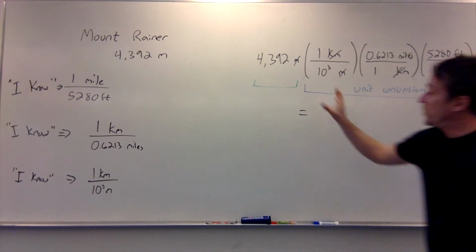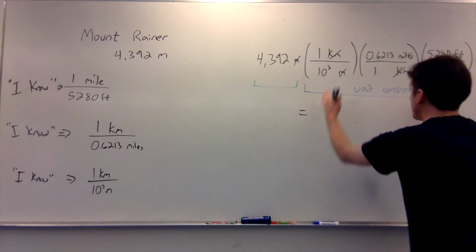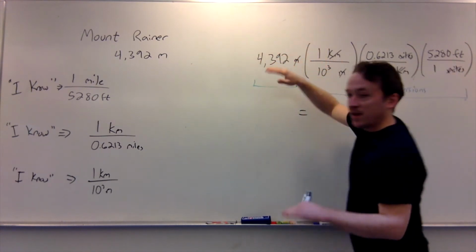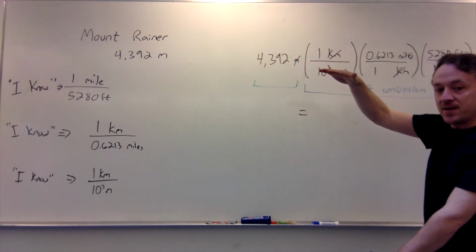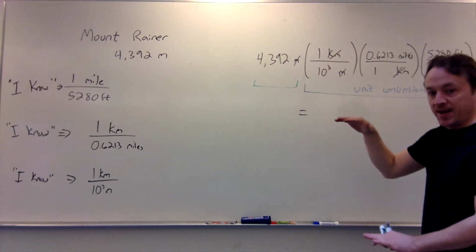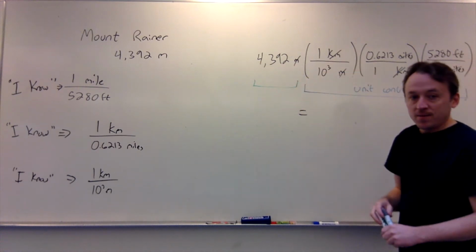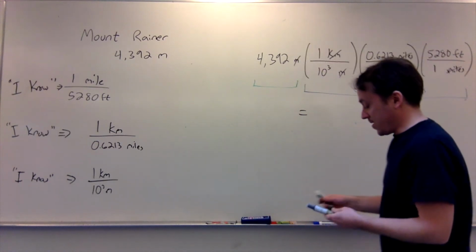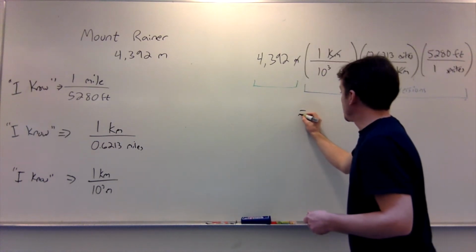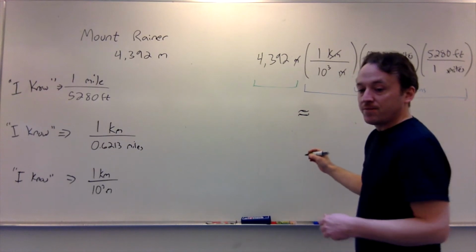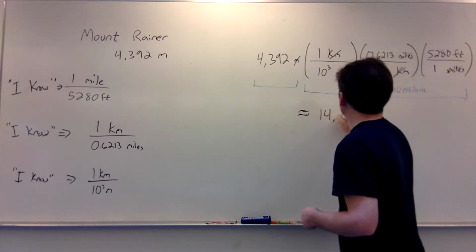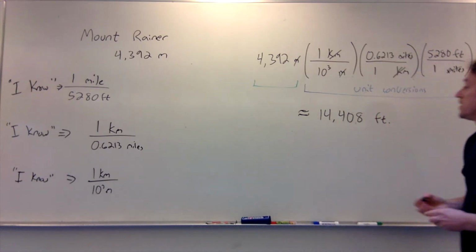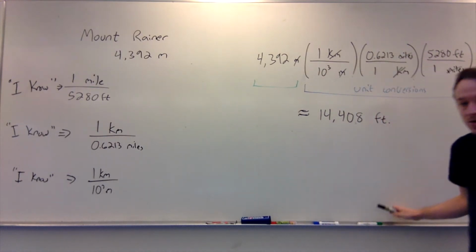So basically, we had this distance, and we used this to convert the units without actually changing the original actual height of that object. All we're doing is changing it into the English unit system from the metric unit system. So when I multiply that all out, I get approximately 14,408 feet. So that's how tall Mount Rainier is.